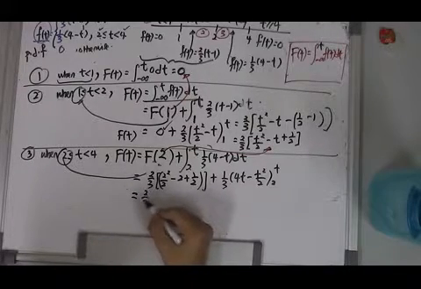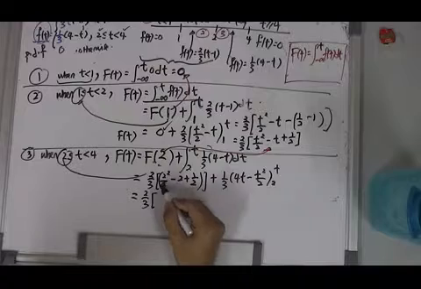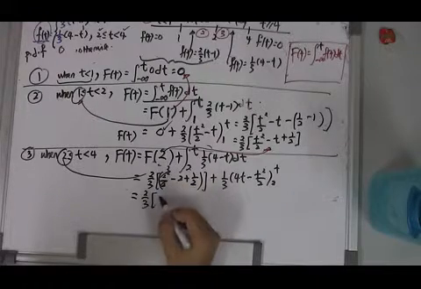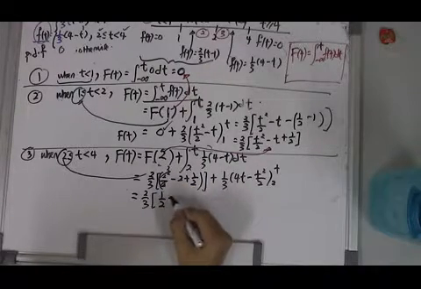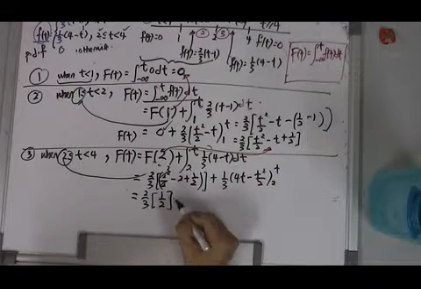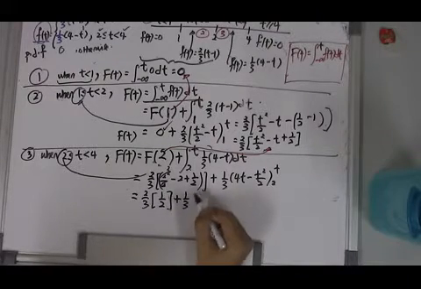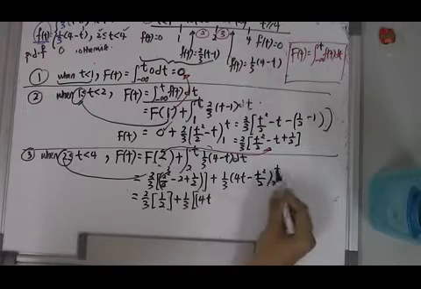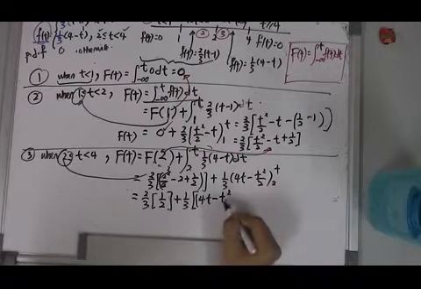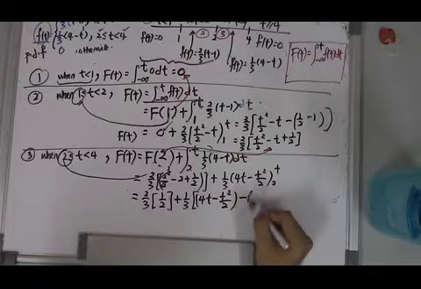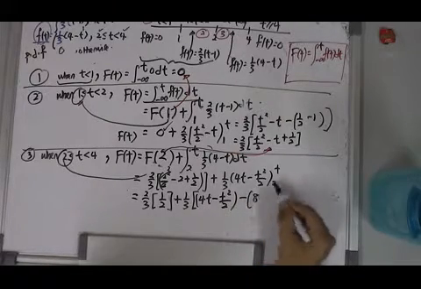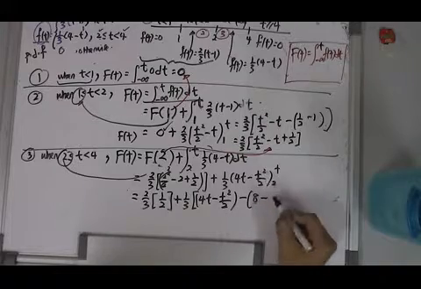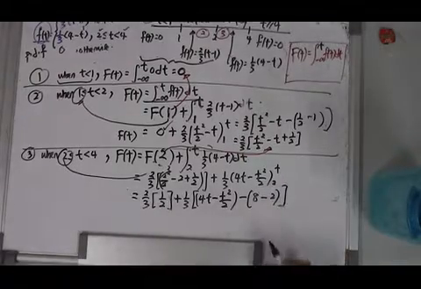So 2 over 3, this will become 2, right? 2 minus 2 will become 0, it will become 1 over 2, right? 1 over 2 plus 1 over 3, substitute t, it will be still 4t, everything minus 4 times 2, 8, minus 2 squared divided by 2, which will be 2.